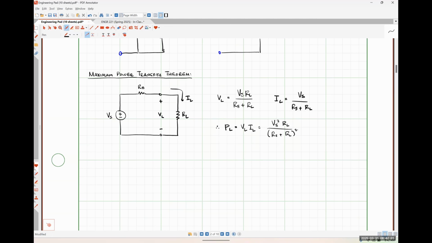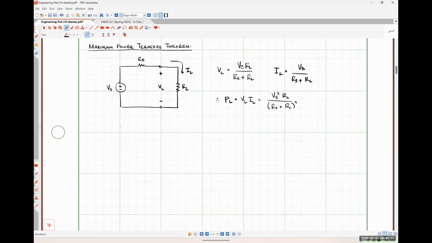What I'm going to do is plot my power as a function of my load resistance. So here's PL as a function of RL.